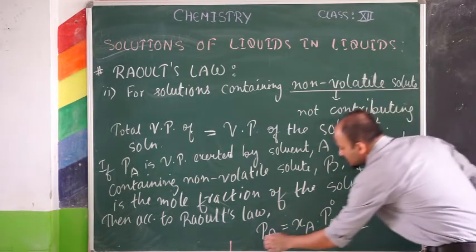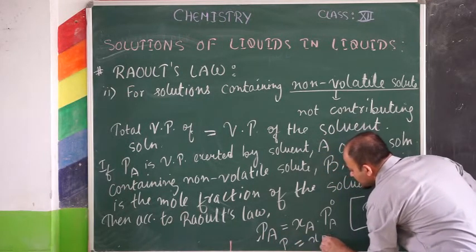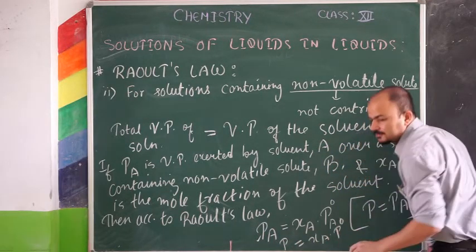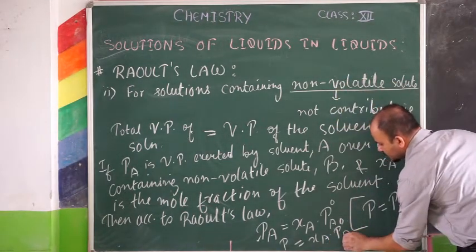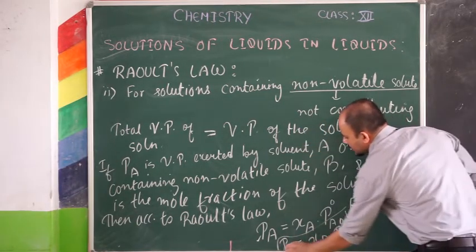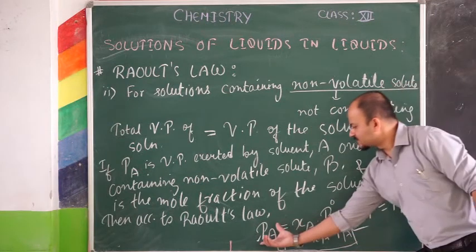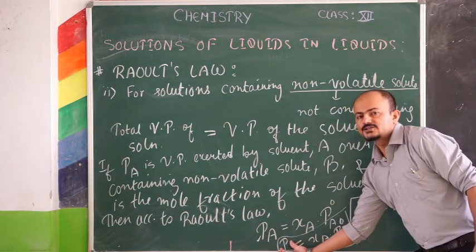Therefore, we can substitute: P will be equal to XA into P naught A. This total partial pressure is itself equal to the total pressure of the solution.